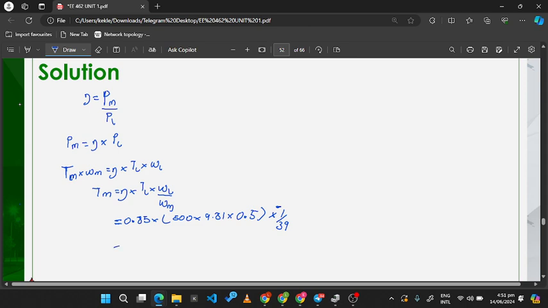So our torque then becomes negative 53.45 Newton meters.